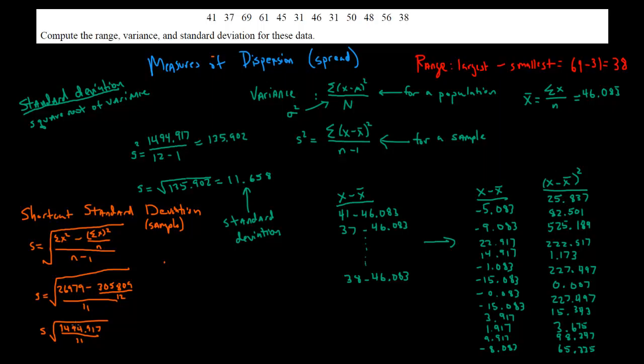Okay, this is starting to look familiar. Oh, look at that. 1494.917 divided by 11. Perfect.